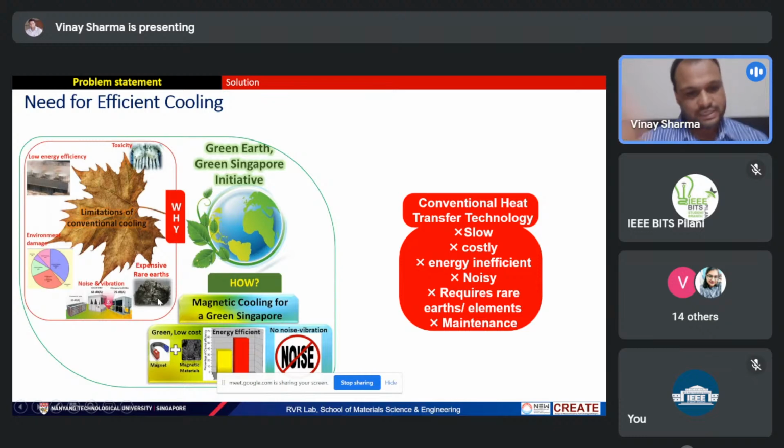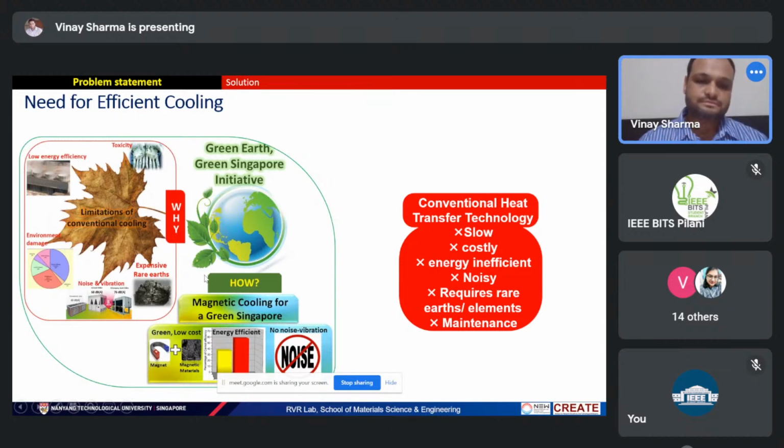But that also has an issue: gadolinium is limited to China only, so there are geographical limitations. Then a few other people came up with other solutions, like using expensive materials or arsenic-based materials. These have toxicity issues.